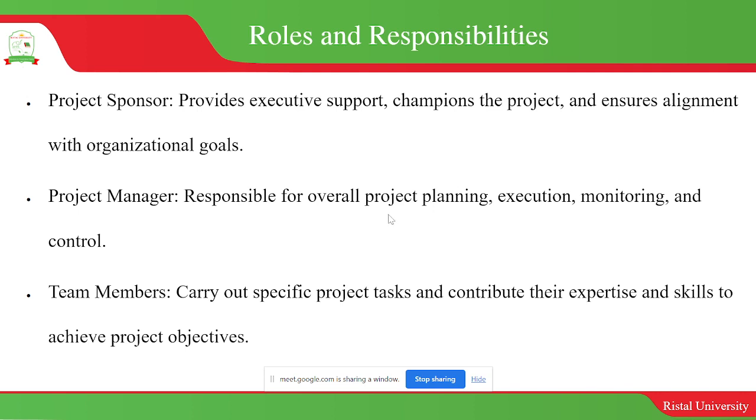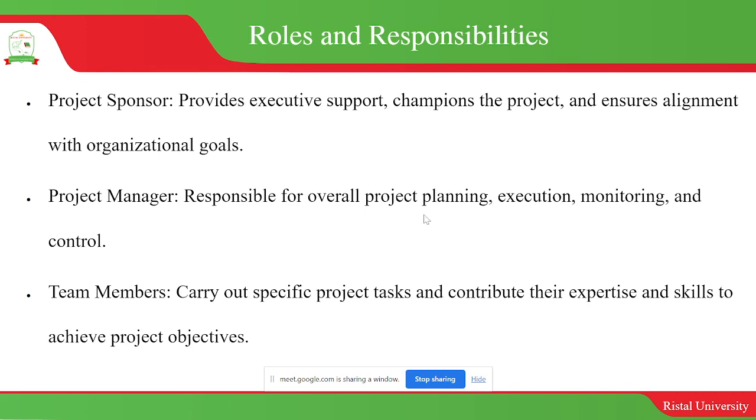The project sponsor is usually the one who pushes to make sure that the project happens and that the project is implemented in line with the organizational goals. Then the project manager is the one concerned with making sure that all project activities through planning, execution, monitoring, and closing are actually implemented.